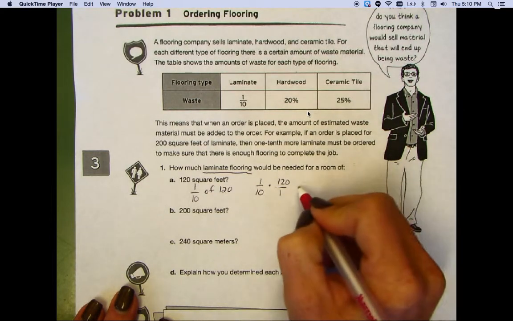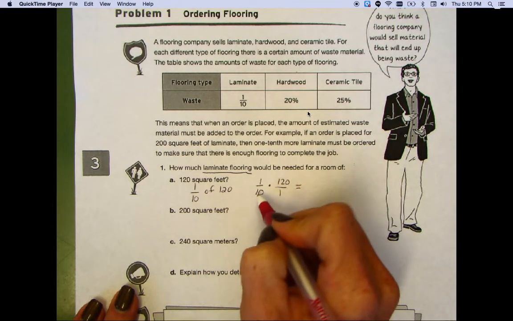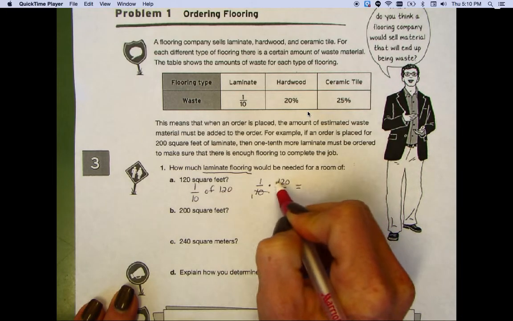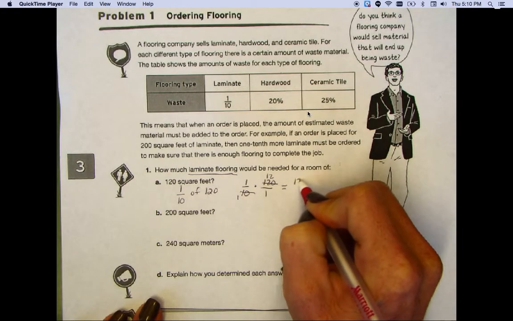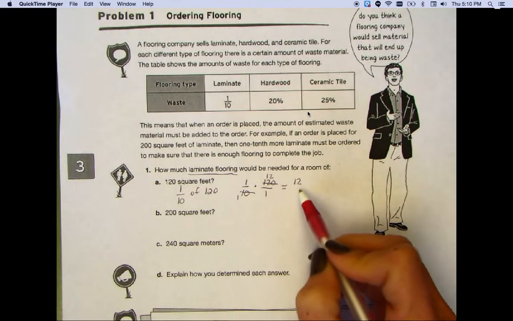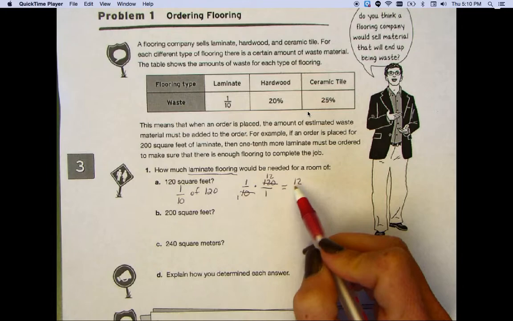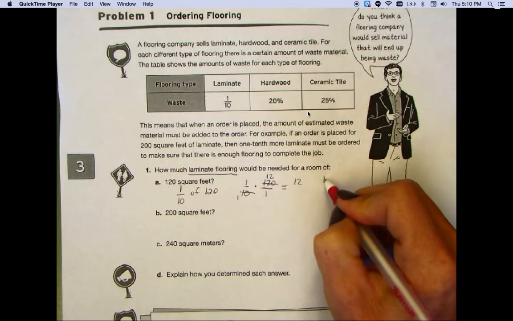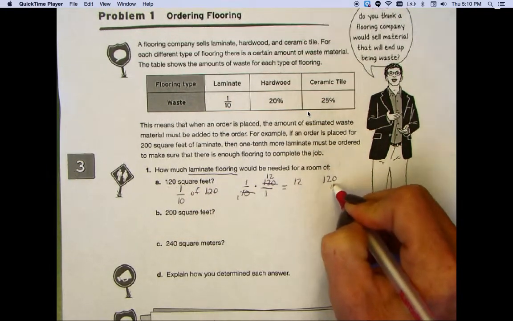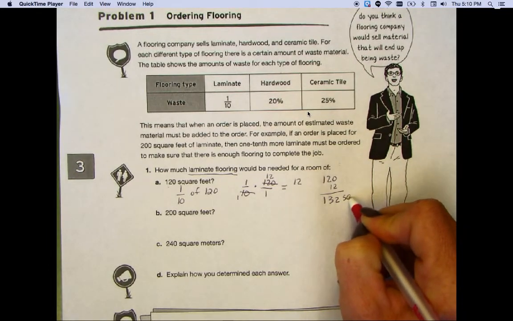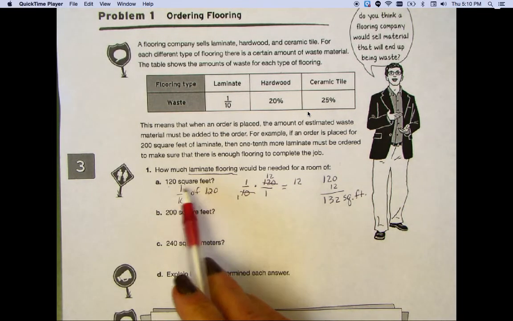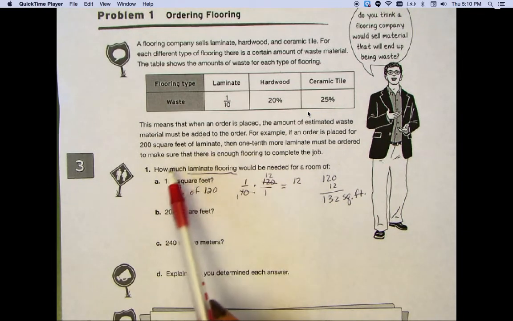We've done some simplification with fractions, and I see 10 goes into 10 once, 10 goes into 120 12 times, so I get 12. Now this is the amount extra that I need. So I need 120 square feet plus another 12, so I need 132 square feet of laminate if I want to actually cover 120 square feet.